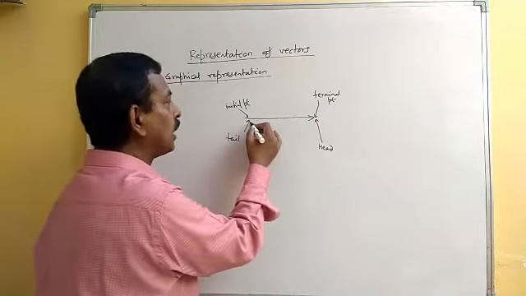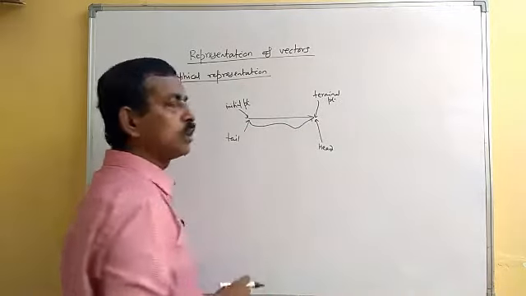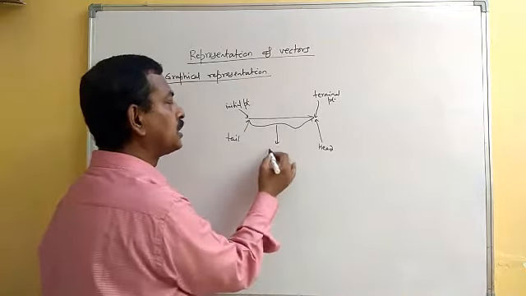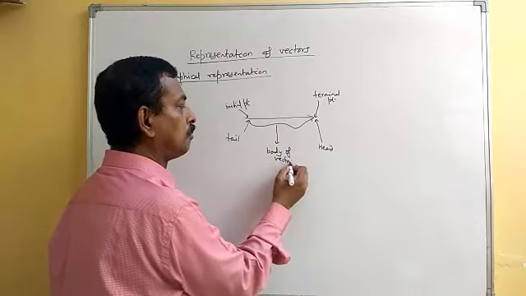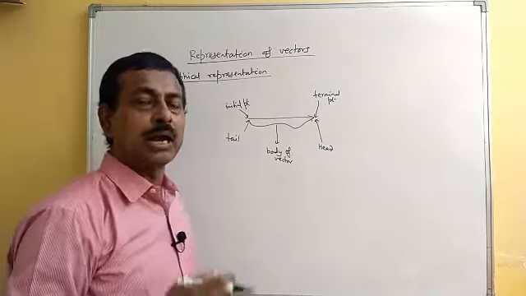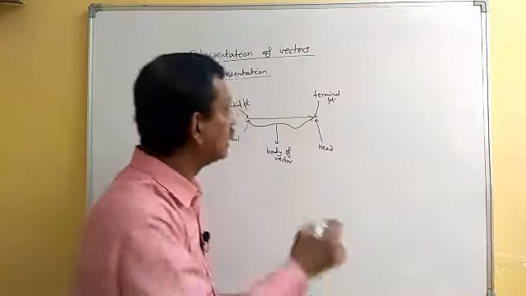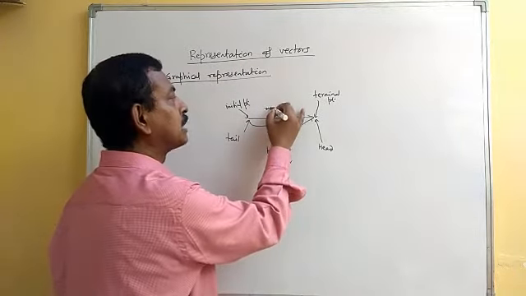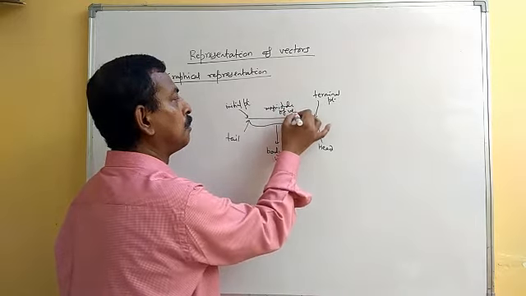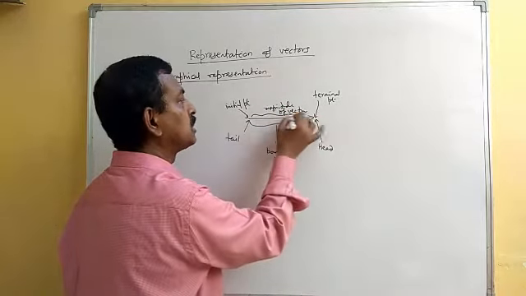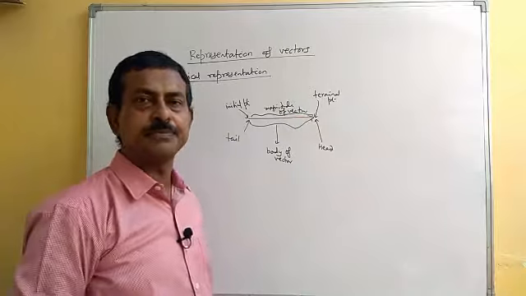And the length of this is called the body of the vector. What does the body of the vector represent? It basically represents the magnitude of the vector.